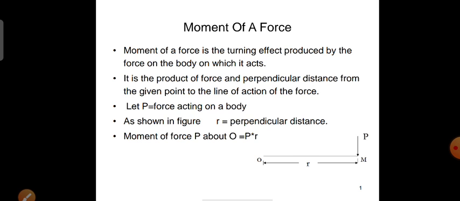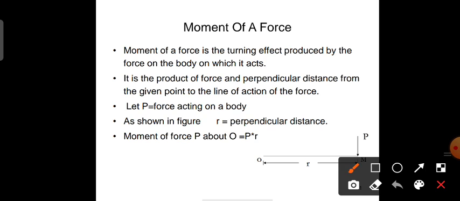So this is the force P, and the moment will be force P into the perpendicular distance.